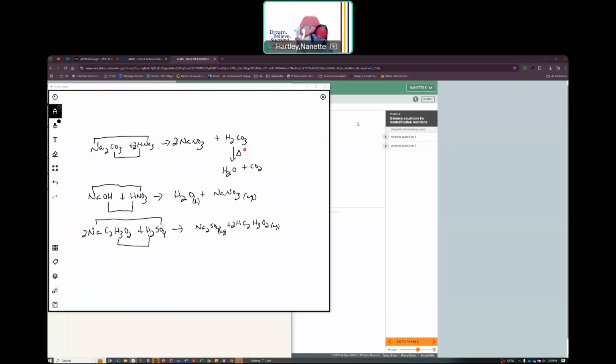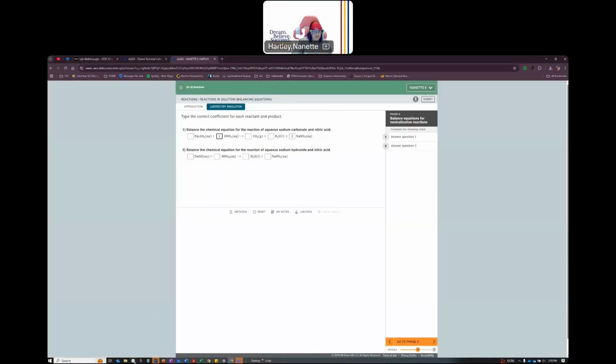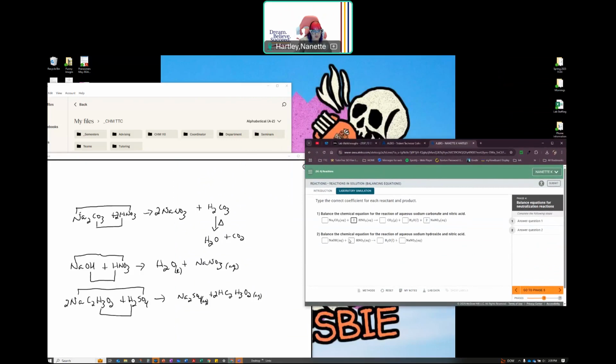That would then give me 2 there, 1 CO2. So I think that works. This equation here: 2 HNO3, 2 NaNO3, and H2O, and CO2. That looks good to me. Hopefully I have balanced that correctly.